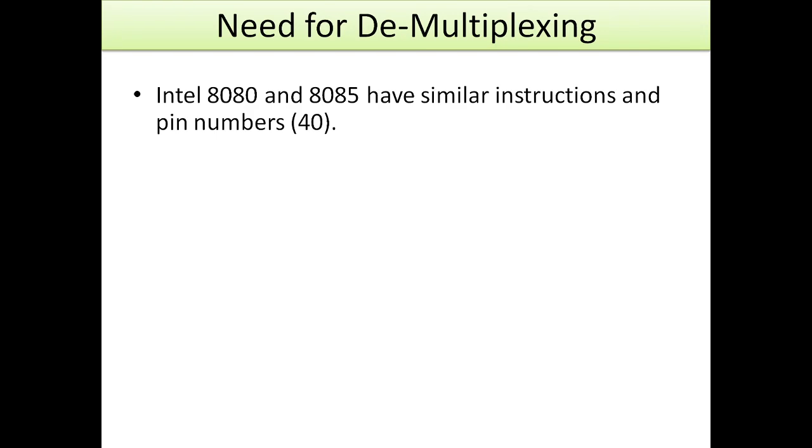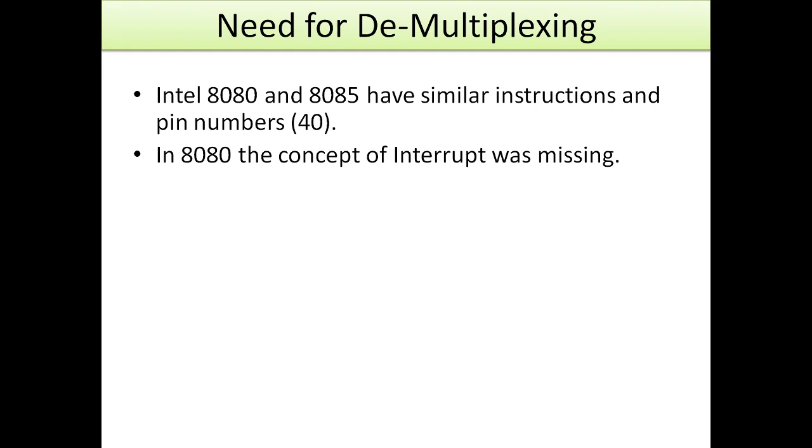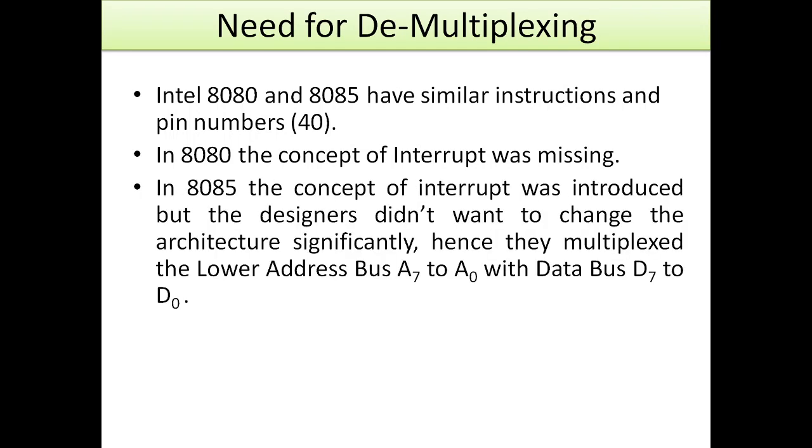Now, what was the need for demultiplexing? Intel 8080 and 8085 are very similar, with similar instructions and a similar number of pins. In 8080, the concept of interrupt was missing. In 8085, the concept of interrupt was introduced, but the designers didn't want to change the architecture significantly.